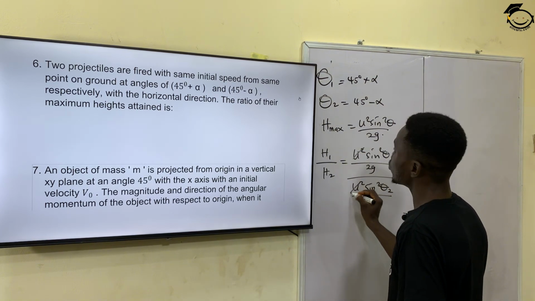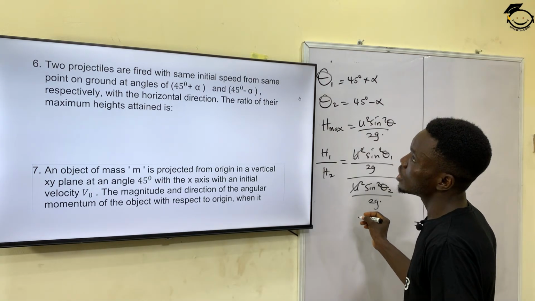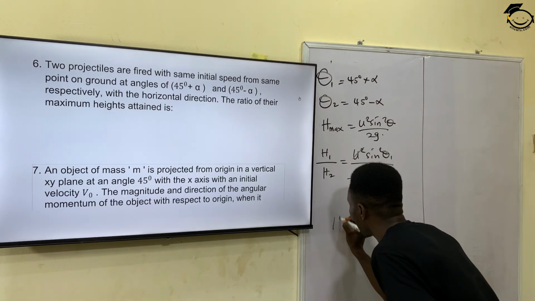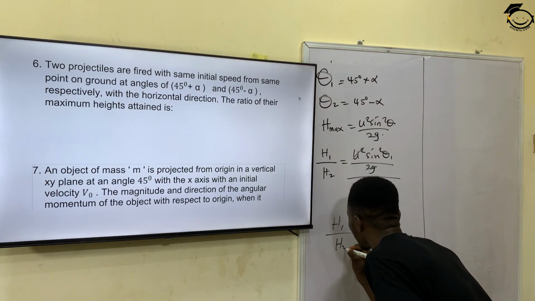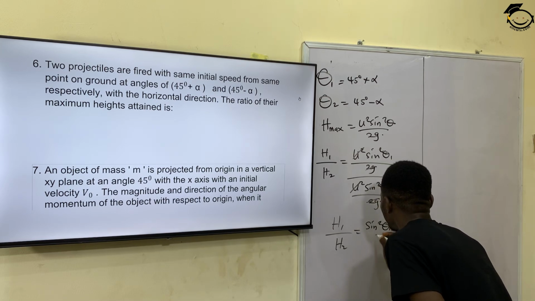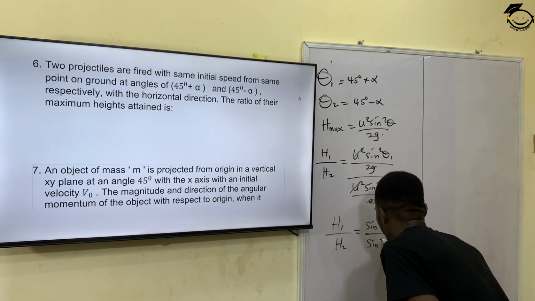So my u square will cancel u square because in the question they said they have the same initial speed, and 2g will cancel out 2g. It means that my h1 over h2 is going to give me sine square theta 1 over sine square theta 2.